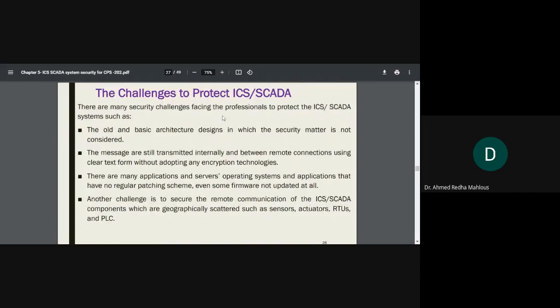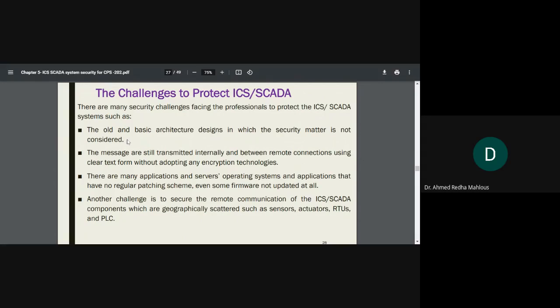The challenges, now, if you want to protect, or you have an idea, or an objective of protecting an ICS SCADA, there are many challenges that can stand against your will to protect it.